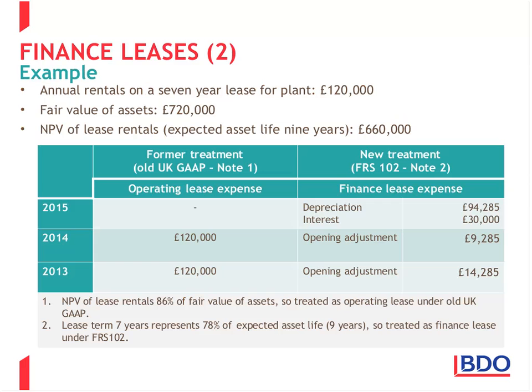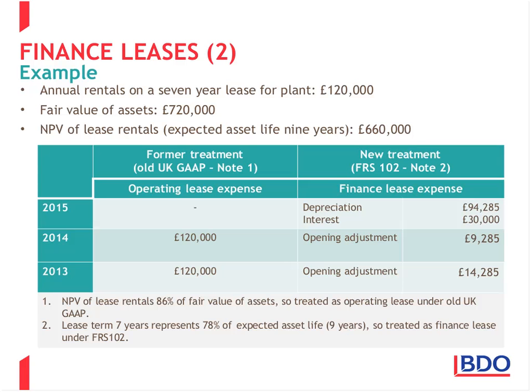However, when we adopt FRS 102, we need to restate this as a finance lease asset because under the old UK GAAP, the net present value of the lease rentals was 86% of the fair value. It was treated as an operating lease.